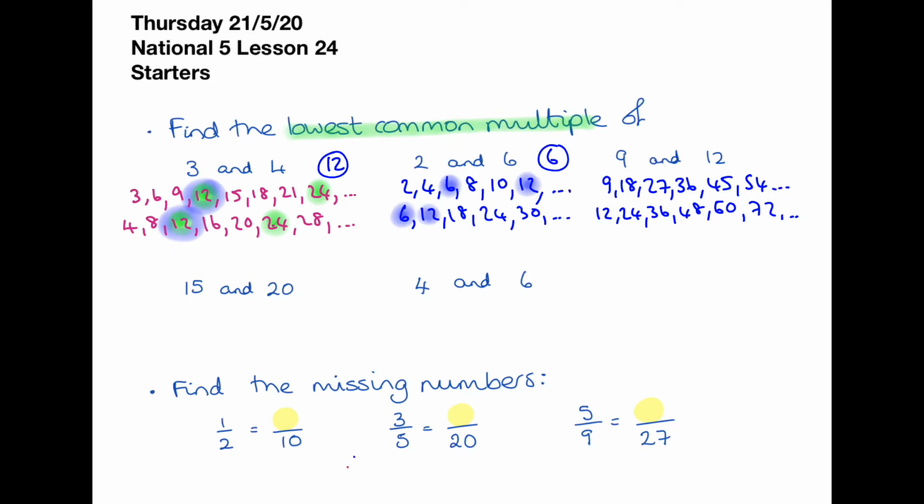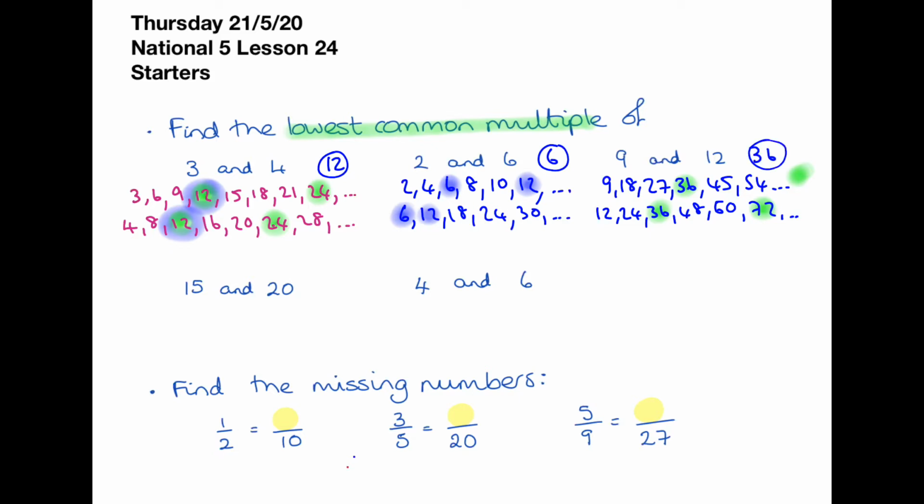If we have a look in both lists there, the first number that we come to that is in both lists is 36. 72 would be along there as well in the 9 times table. We've already got the 12 times table. So the lowest common multiple of 9 and 12 is 36.